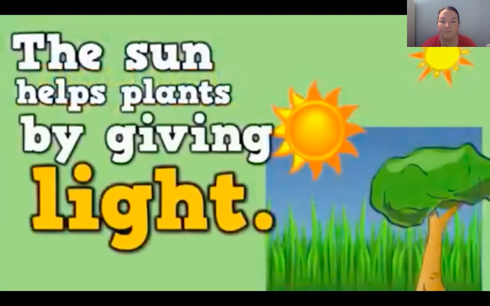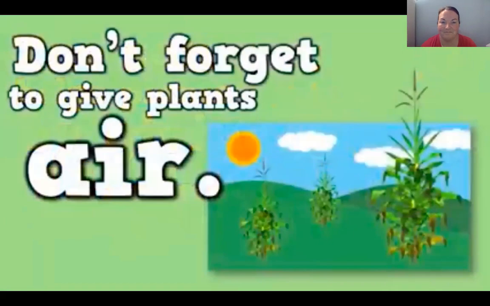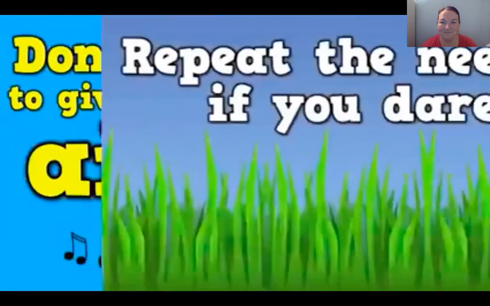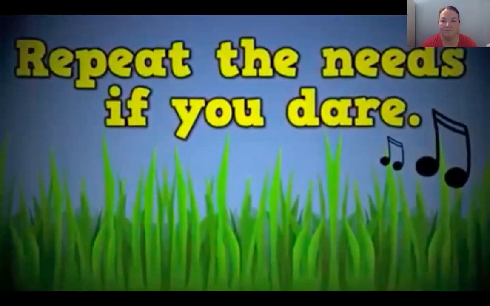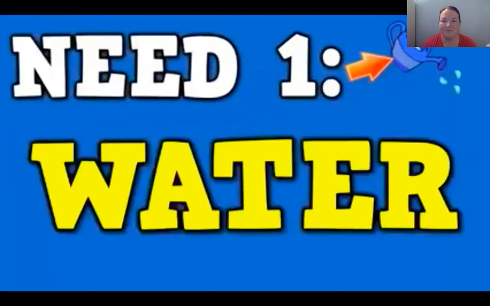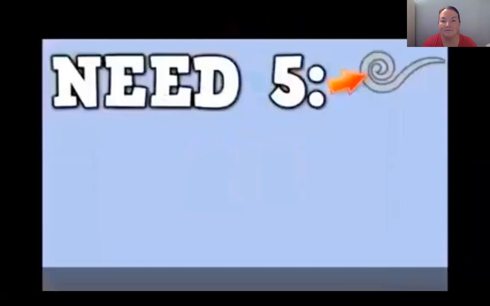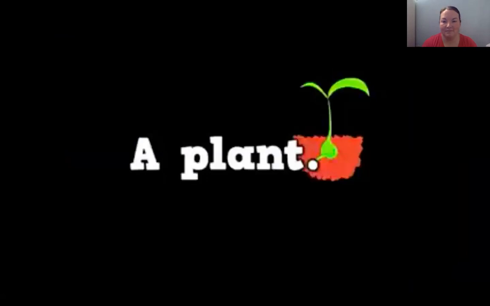The sun helps plants by giving light. Don't forget to give plants air. Repeat the needs if you dare. Need 1, water. Need 2, soil. Need 3, space. Need 4, light. Need 5, air. Oh, plant.